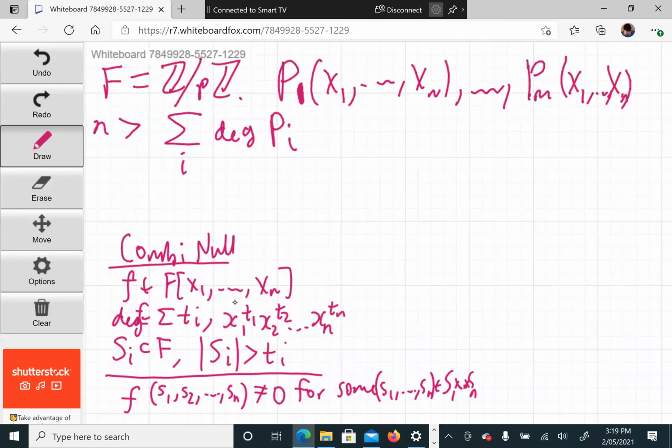And suppose there's a common zero to all the p's, so p_i of some c is equal to 0 for all i.